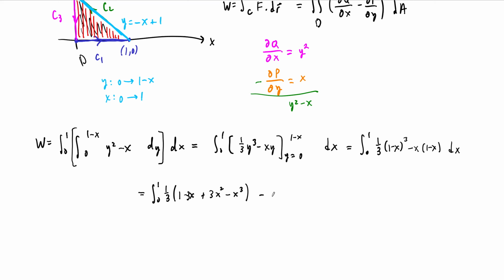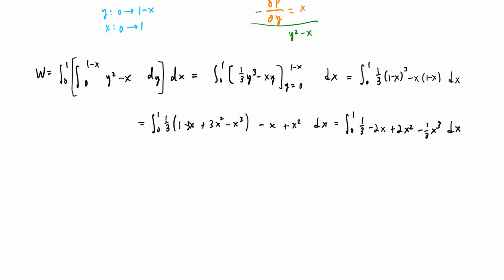So then out here we have minus x plus x squared dx, and we can just combine like terms. So what's left here? From 0 to 1, our constant term, all we have is a 1/3. For our x term, we have minus 1x minus another x, so minus 2x. Here we have plus 1x squared plus x squared, so plus 2x squared, and then minus 1/3 x cubed.